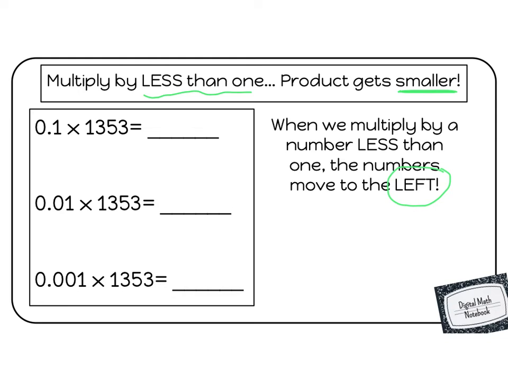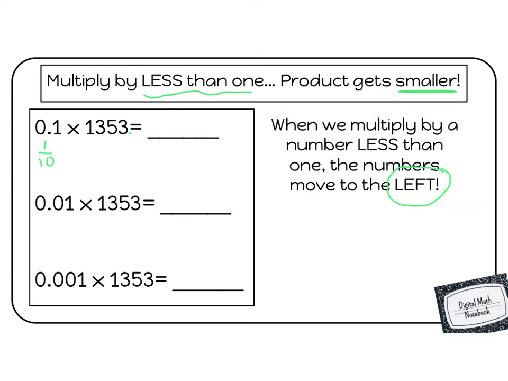So here is our number, 1,353, and it would have a decimal here at the end, even if we don't see it. Now we're going to multiply by 1/10. And remember, we can also see 1/10 like this. So 1/10 is less than a whole, which means our number is going to get smaller.